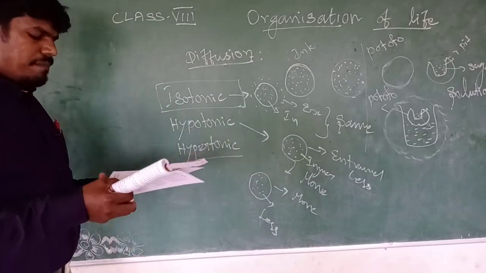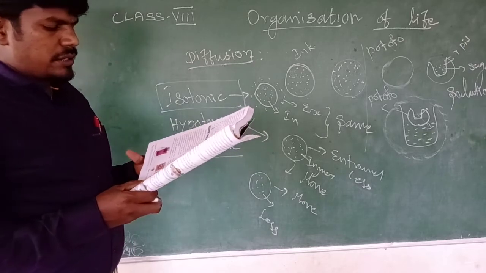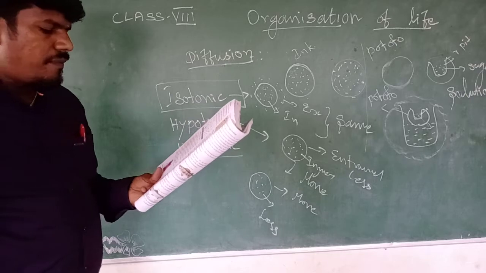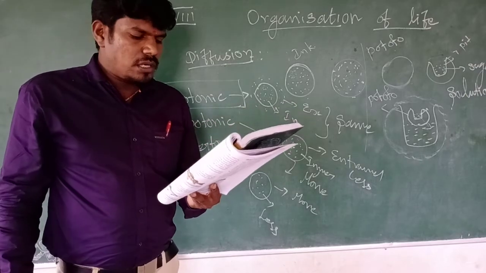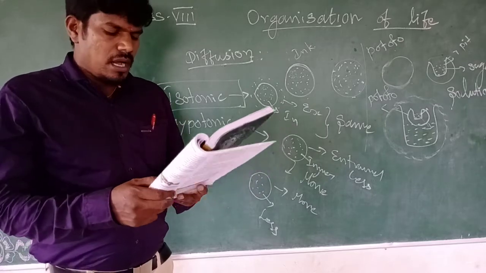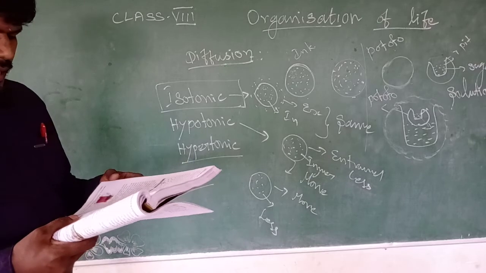That is called hypertonic. In hypertonic, the external solution concentration is greater than the concentration of the inner solution of an organism. In this case, the water will rush out of the organism, that means the water molecules will be released.